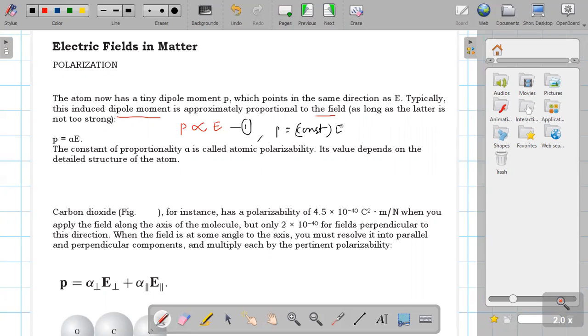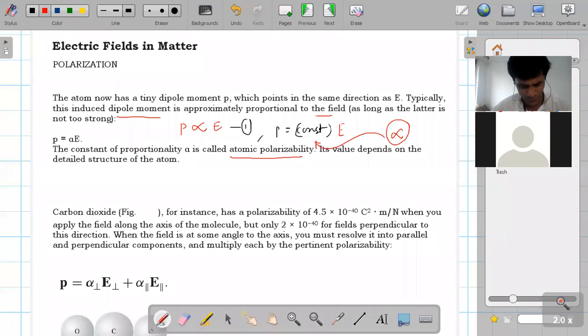Is it correct, dear students? Understood this level? But this constant is denoted by the letter alpha, and that is known as atomic polarizability. The value of alpha depends upon the structure of the atom.